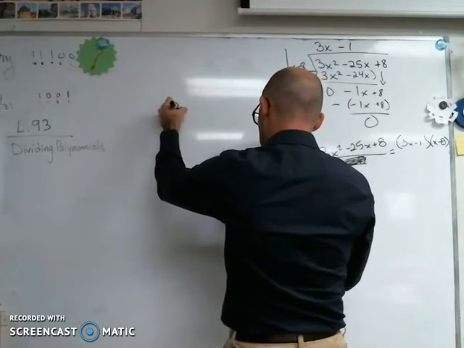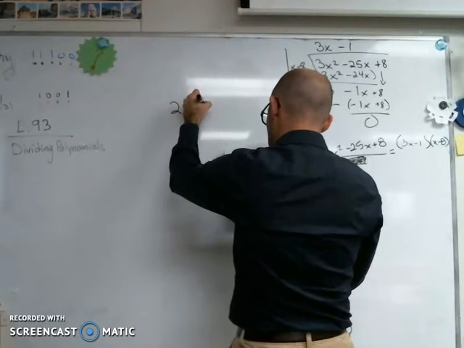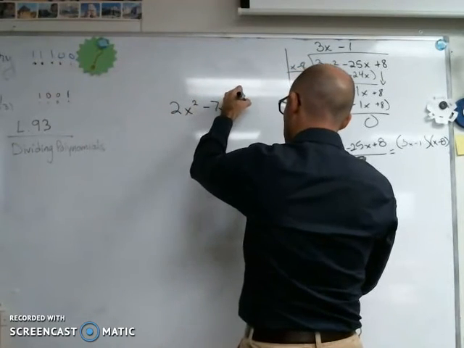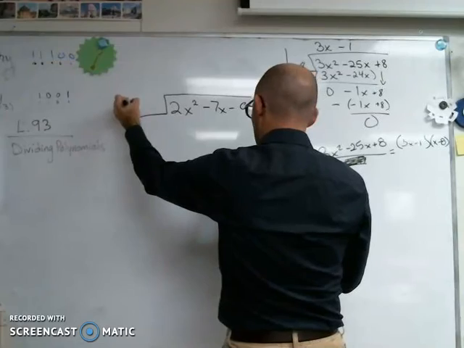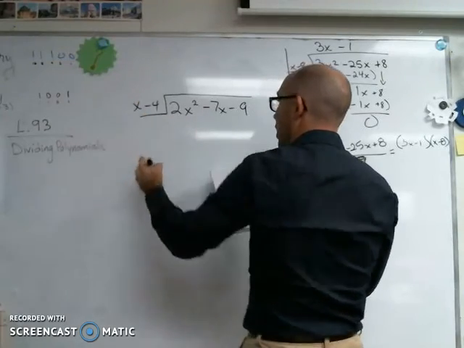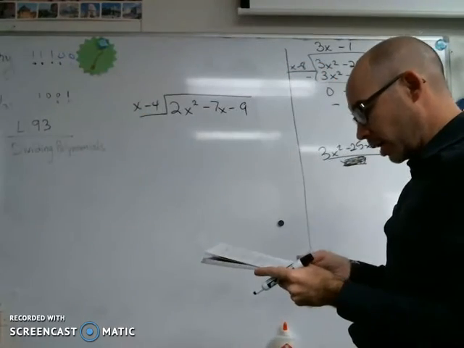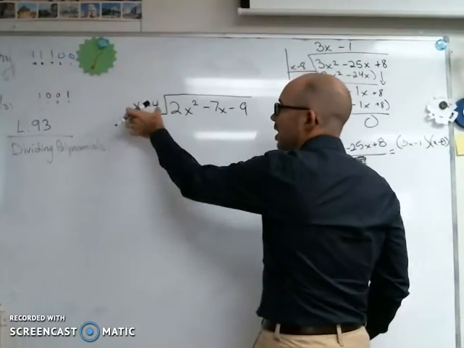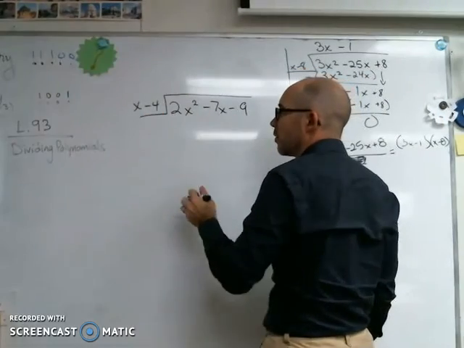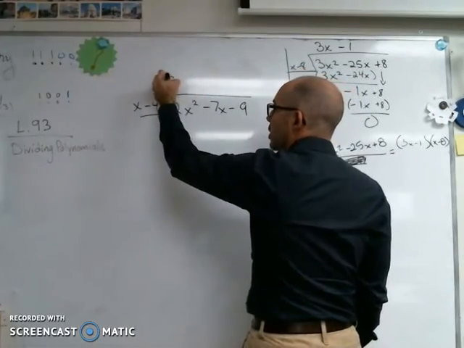And case in point, example 4, I'll rewrite it so that it's a little nicer. We're supposed to divide this by x minus 4 when we're all done rearranging. Oh, golly. So, that doesn't look like it's a factor of this, but we'll see what happens here.